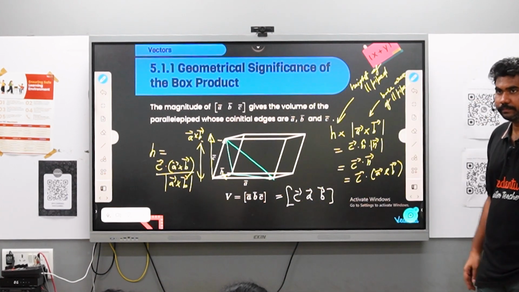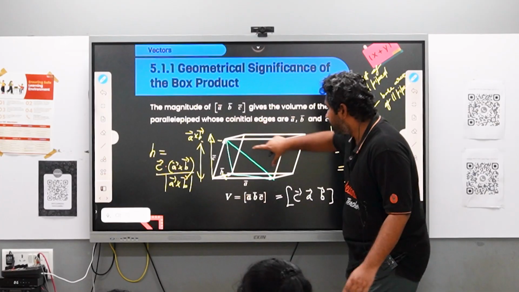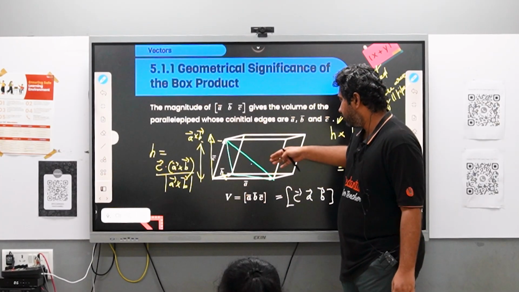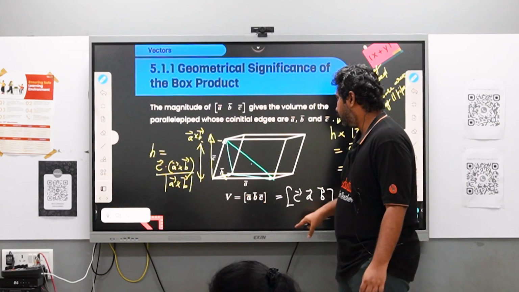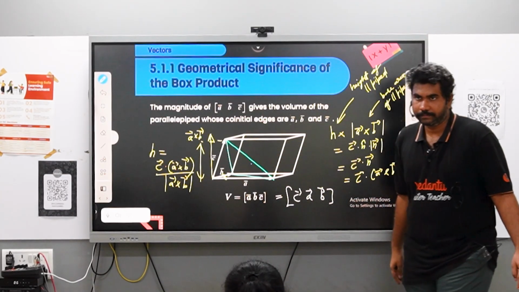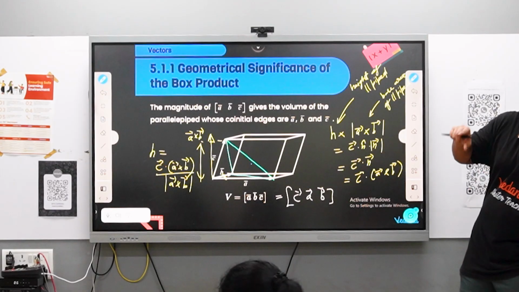Something like this. This is one face. So there are 4 faces now, right? 1, 2, 3, base 4. Like that you can divide it into 6.